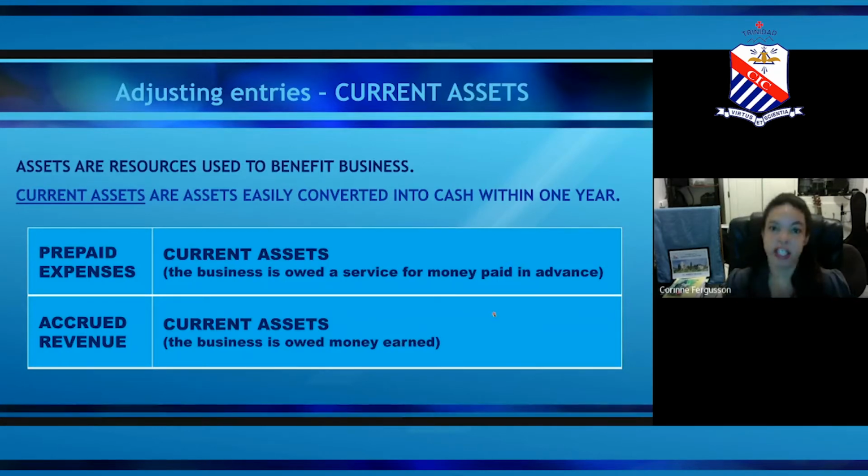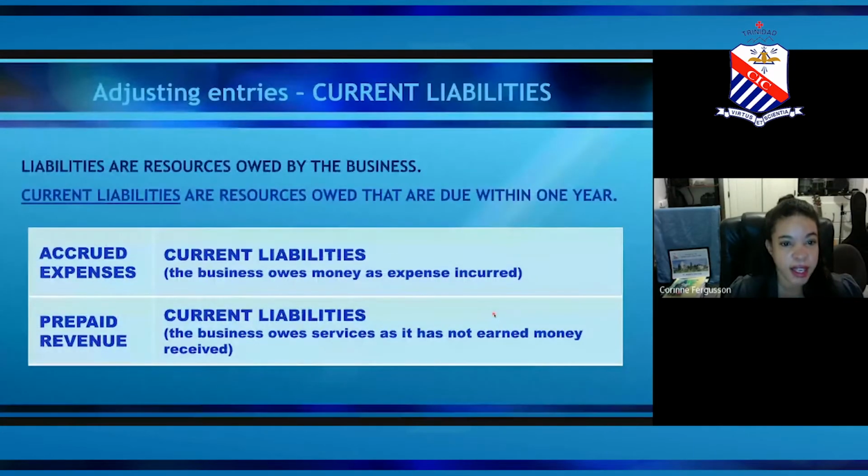So you're earning your money, like I am earning my money right now, but it has not been received as yet, which means I still have earned it. So it is a current asset to me, right? And to my business. And then the liabilities would be the accrued expenses and the prepaid revenue.